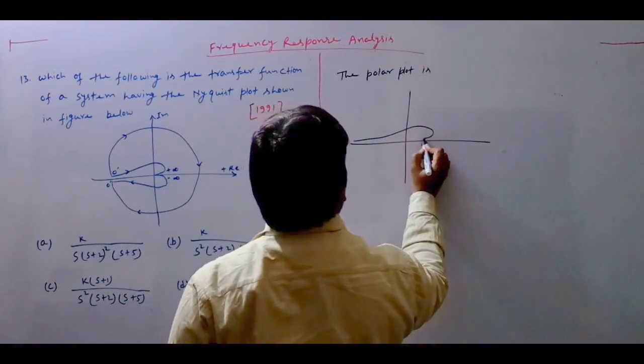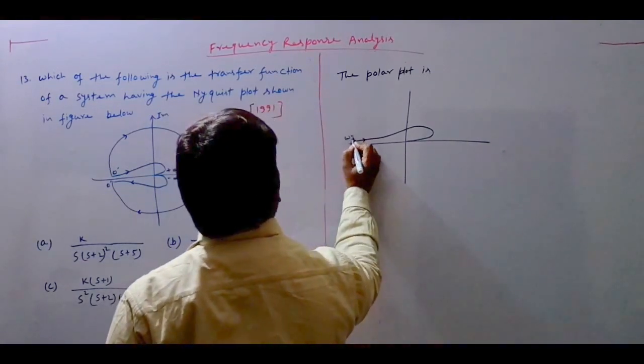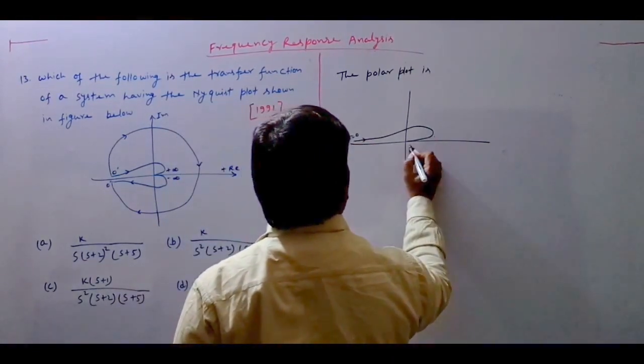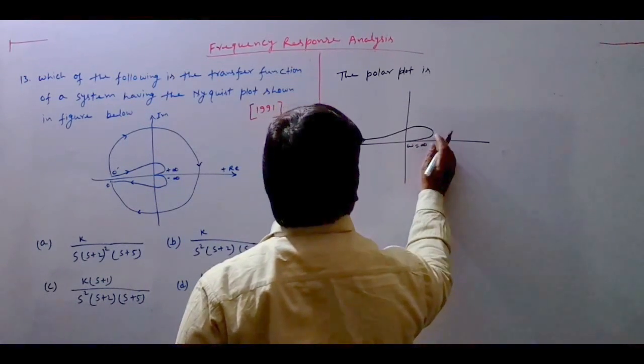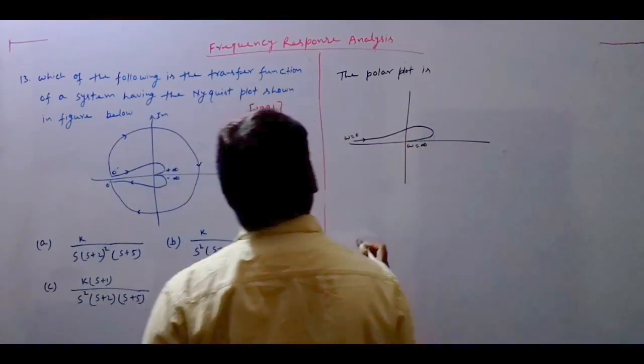So this one is the polar plot. This is omega equal to 0 and this is omega equal to infinity. So this is the polar plot.